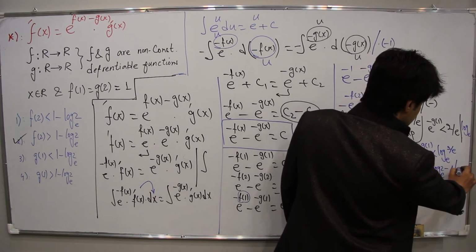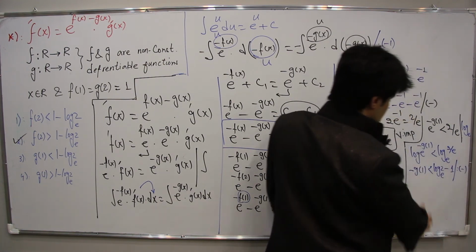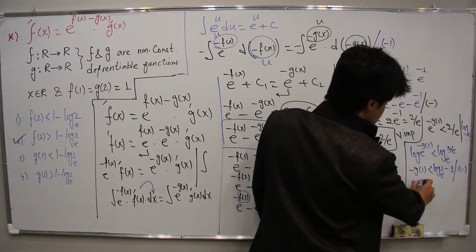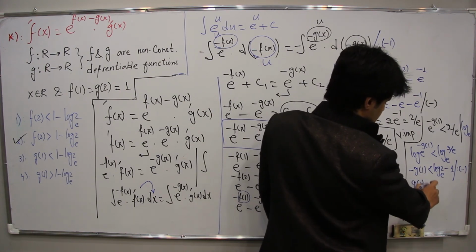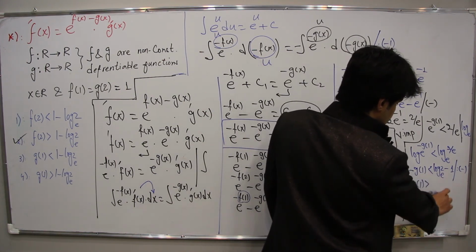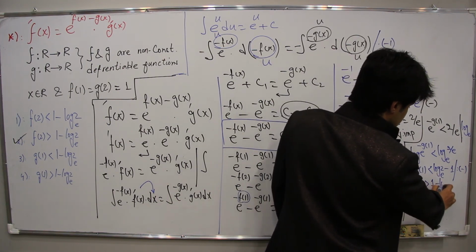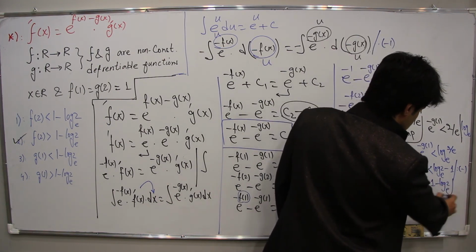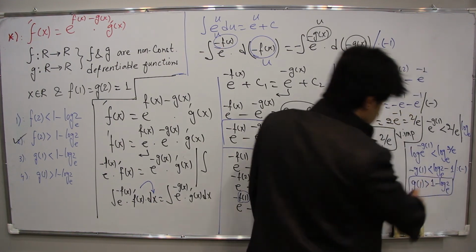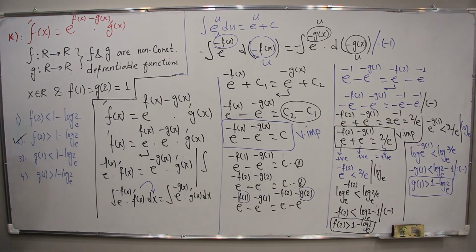And I have to divide both sides by minus 1. And this minus becomes plus g1, and this one changes to greater, then this minus 1 becomes plus 1, and this one we have minus log 2 to the base e. What answer do we have? I think number 4. Then number 2 and number 4, they are the right answers.